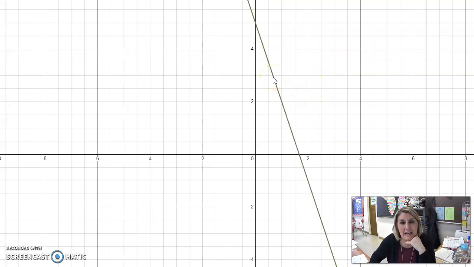Remember, we had a blue line and then we had a red line. When you mix blue and red, you are going to get this green line. So if you see a green line, that means that the answer is all solutions because you graphed the same line twice.